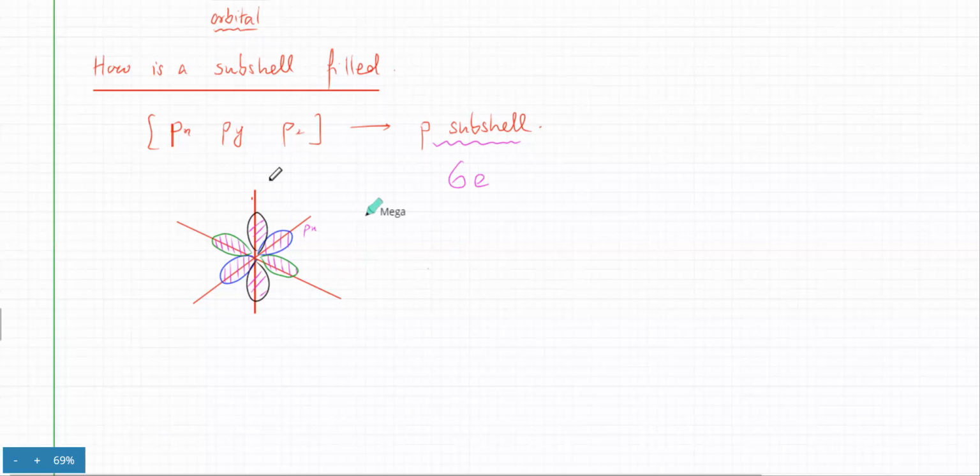So the rule is electrons in a subshell are always filled in a single manner first, and once they have been filled singly, they are then doubly filled.